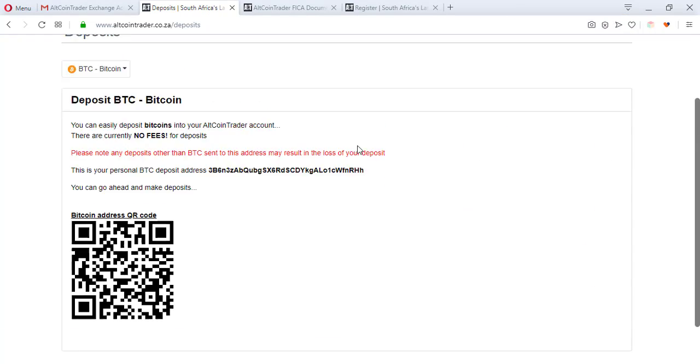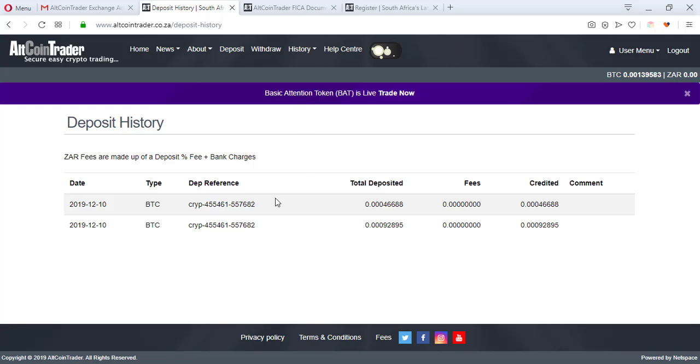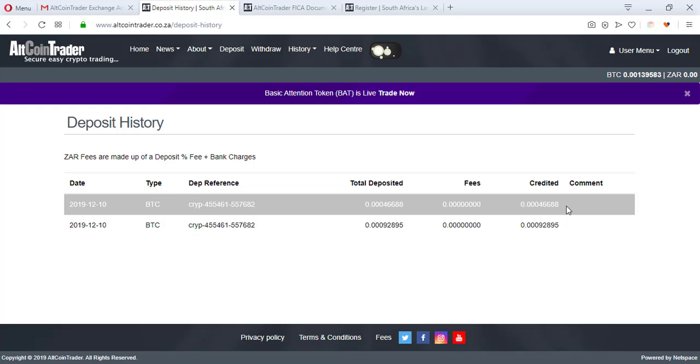After a while I went to history, then deposits, where you see all your deposits. The first deposit I made was 100 Rand from my Jaxx wallet, and the other one is 50 Rand from my Jaxx wallet into my Altcoin Trader wallet.